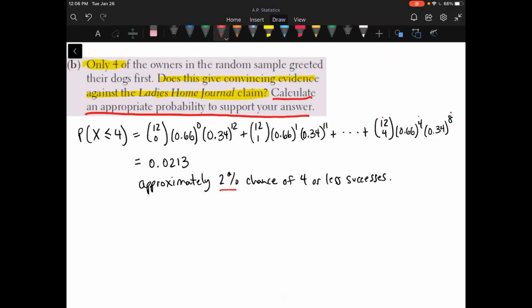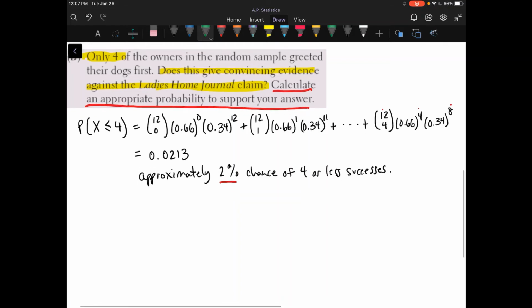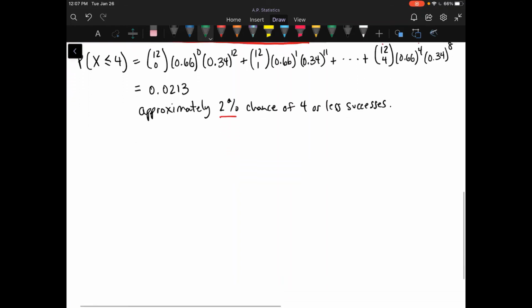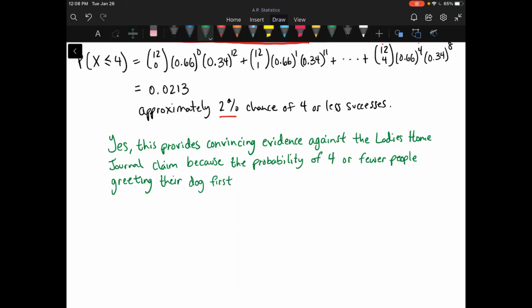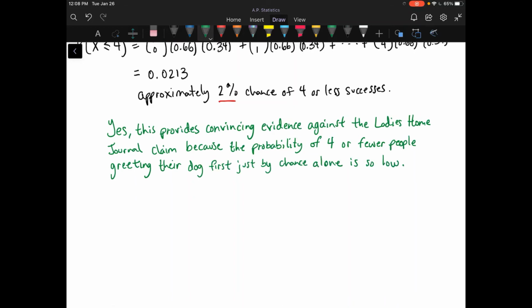So we can write this up in this way. Yes, this provides convincing evidence against the Ladies' Home Journal claim because the probability of 4 or fewer people greeting their dog first just by chance alone is so low, at 2%.